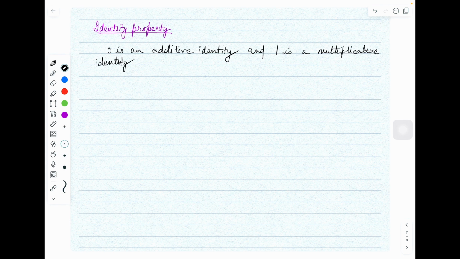What this means is that identity means if you add or multiply a rational number with these numbers, you are going to get the same rational number. Let A be a rational number. A plus 0, if you do, you are going to get A only: additive identity.